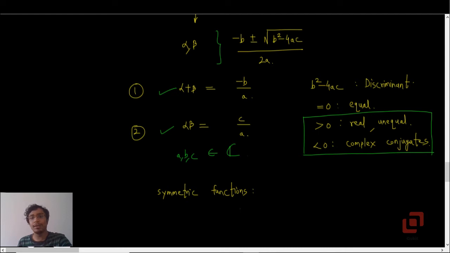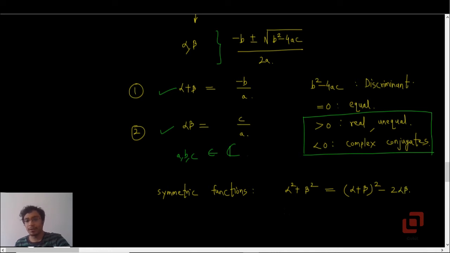Now, what do we mean by symmetric functions of the roots? A question may come asking you to find the value of alpha squared plus beta squared. There is no need to actually find alpha and beta individually, because you can write this as alpha plus beta bracket squared minus 2 alpha beta.